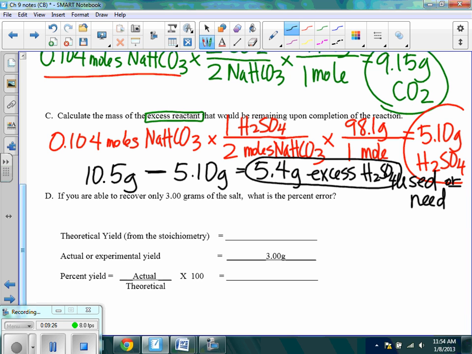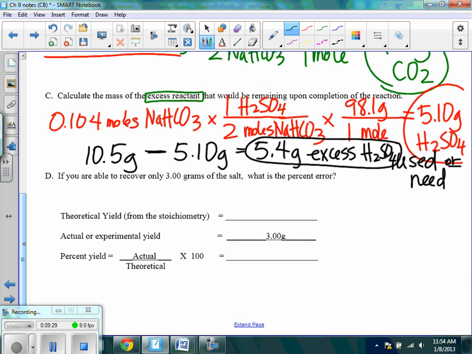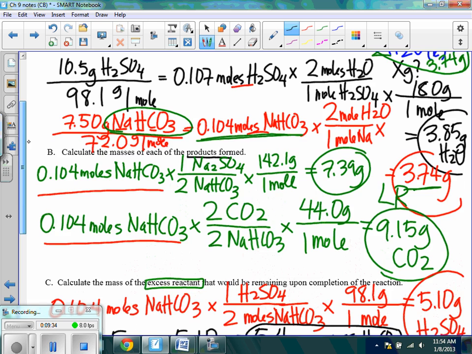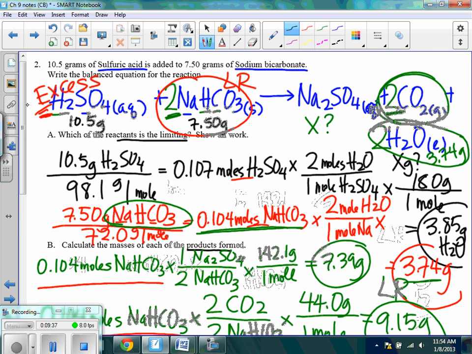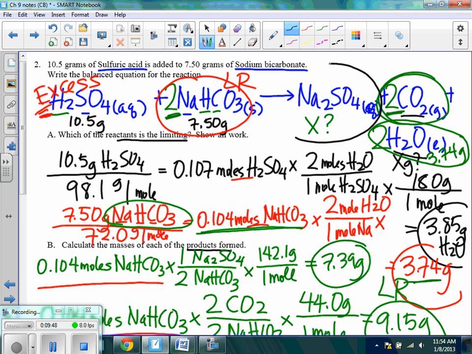Okay, keep on going. If you are able to recover only 3 grams of the salt, what is the percent error? All right, what is the salt? So let's go back up to our equation. And the salt is, well, we have carbon dioxide. I know that's a gas. That's not a salt. I have water. That's a liquid. That's not a salt. So it must be this one right here.